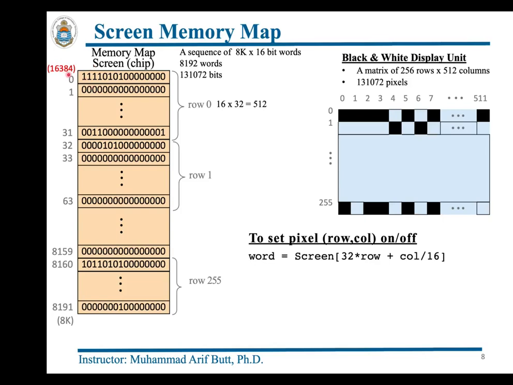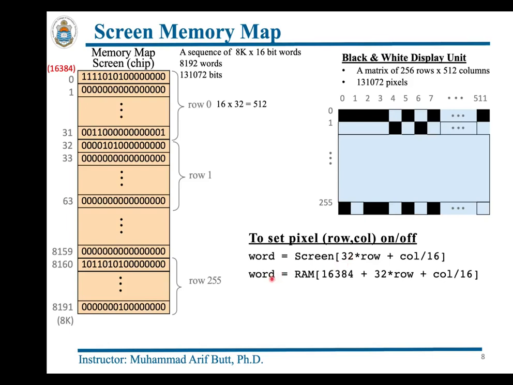So 16384 is the starting address of this screen memory in the overall RAM chip. So all these addresses will be changed. This address 0 will change to 16384 and this last address 8191 will change to 16384 plus 8191. So the formula changes a little bit. That is, we are just adding 16384 to the above formula.